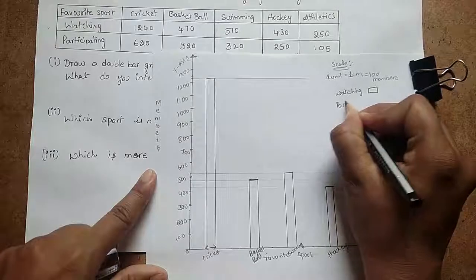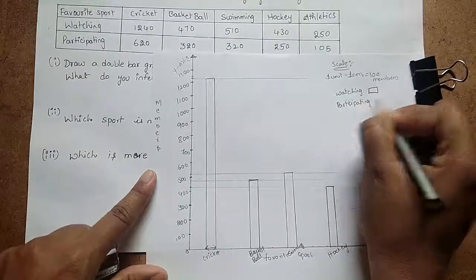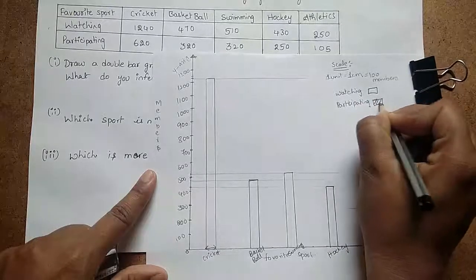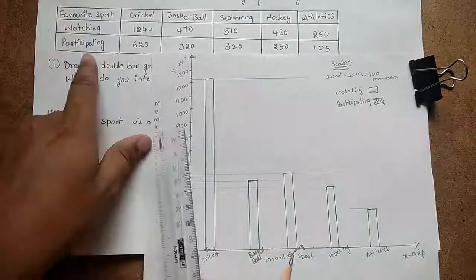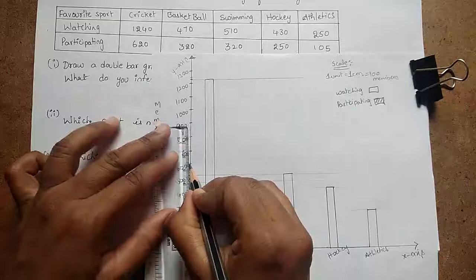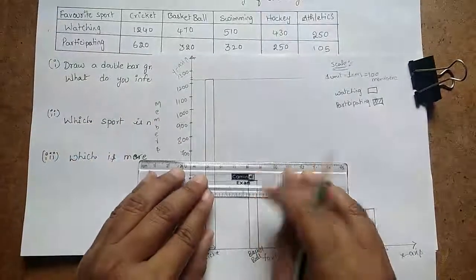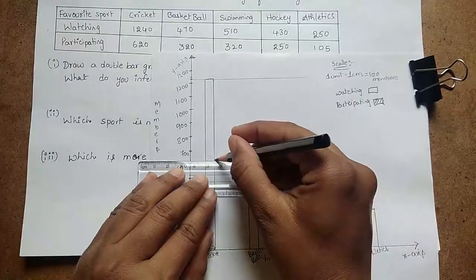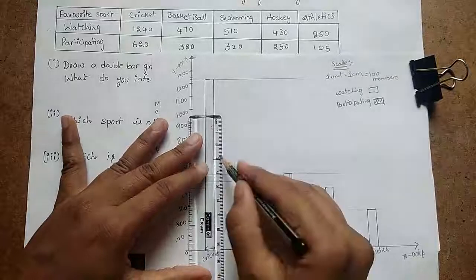Next, participating is in checkered box, so don't get confused with the bar graph. So participating is 620. So 600 is this and 20 is nothing but 2 centimeters. So make sure a small invisible line like this. Take the same width.